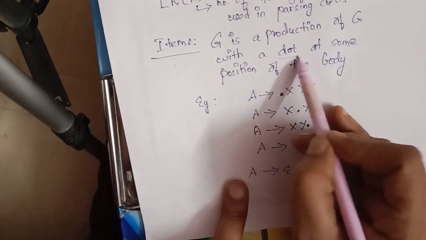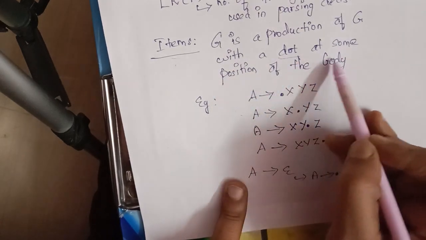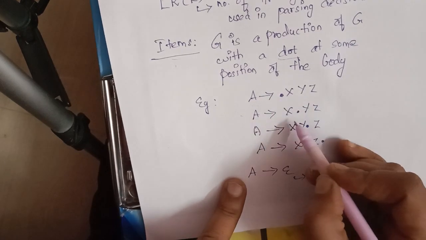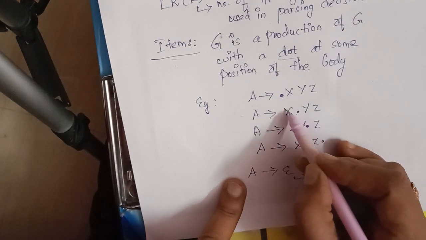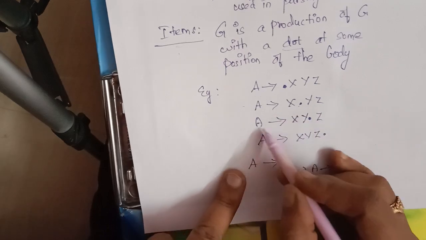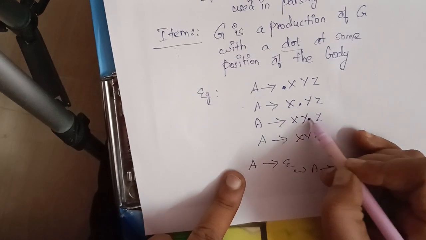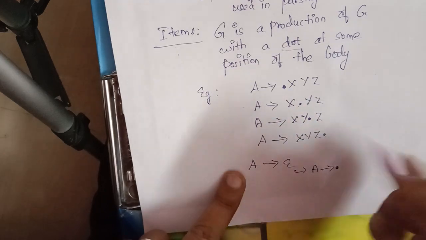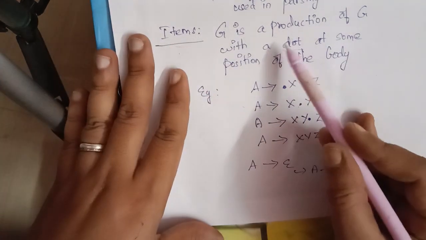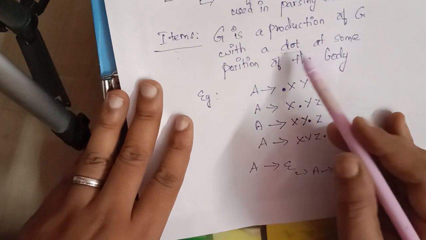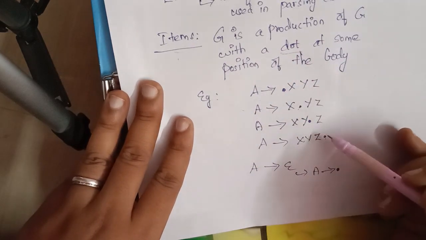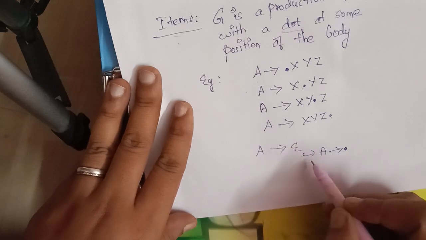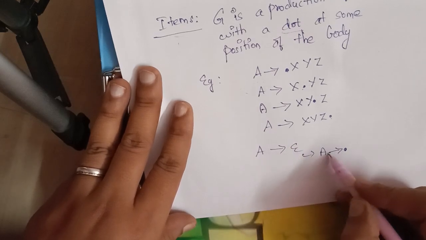The dot is placed at the start, then after x, then after xy, and finally at the end. So items in grammar G are productions with a dot at some position of the body.